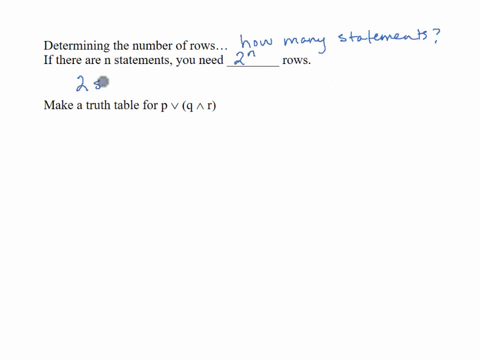So 2 statements, you would need 2 squared rows. 3 statements would be 2 to the third power rows, which would be 8. Okay? So n equals how many statements there are. So let's do a bigger one.